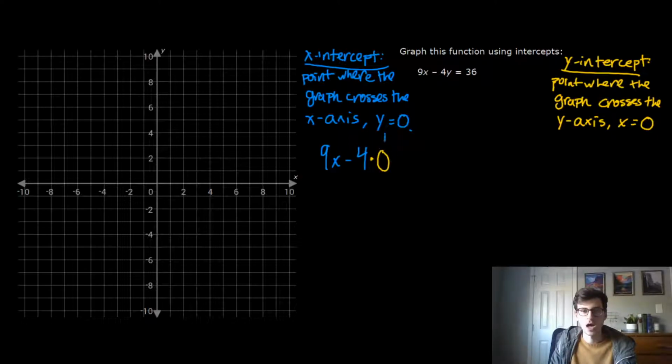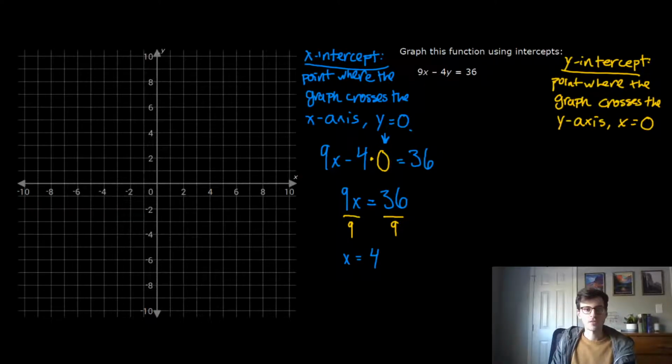I'm saying y is 0, equals 36. 4 times 0 is 0, and 9x minus 0 is just 9x equal to 36. So if I divide both sides by 9, then I know when y is 0, x is 4.